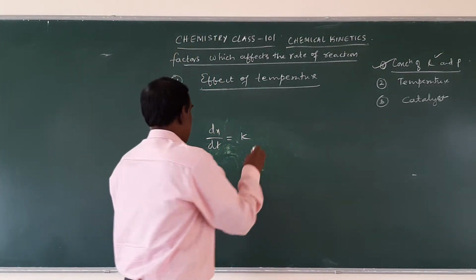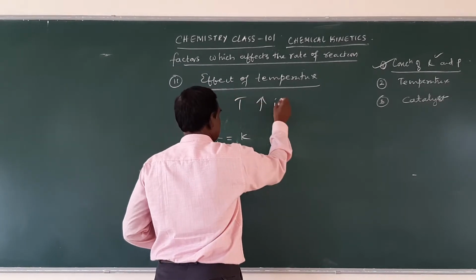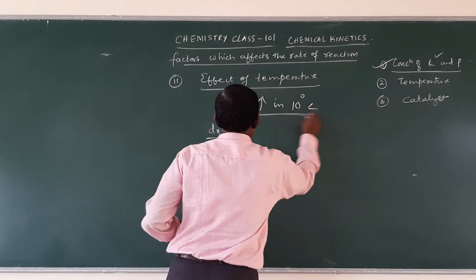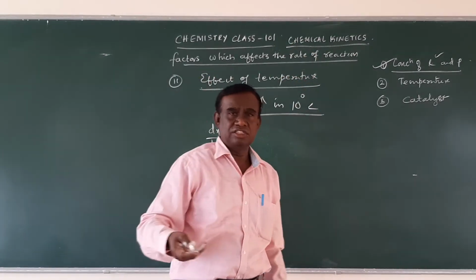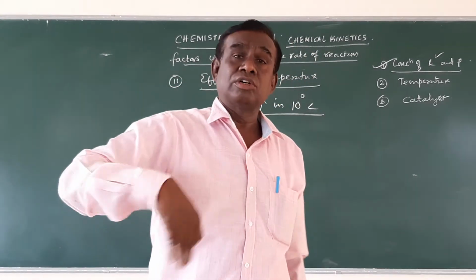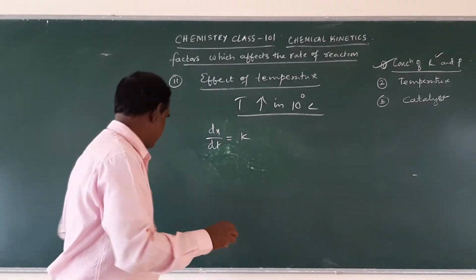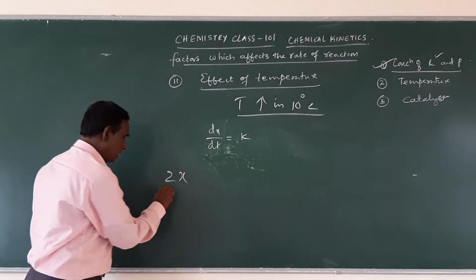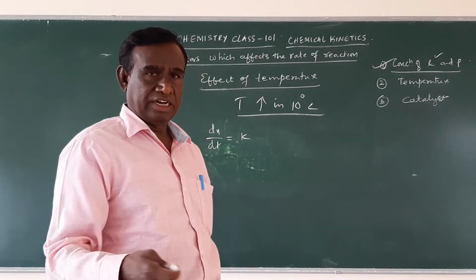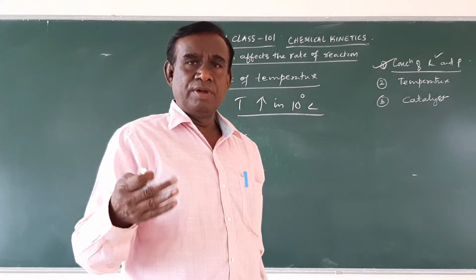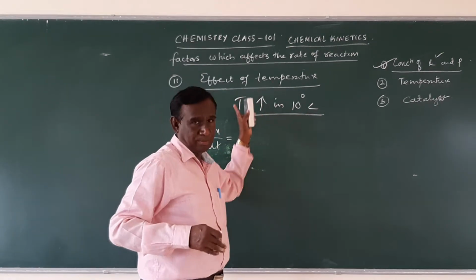So if the rate of the chemical reaction is X, it becomes 2X or 3X.